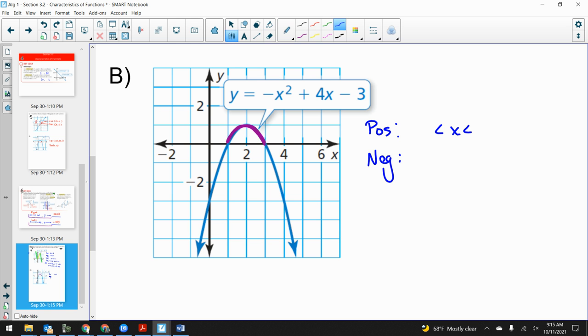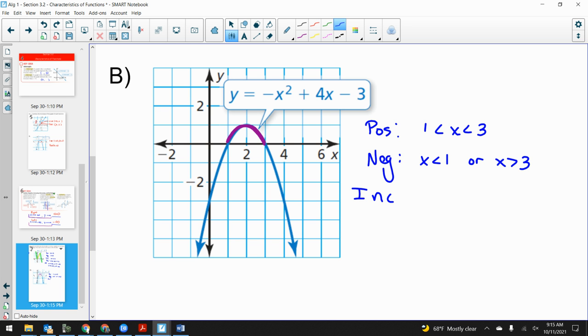From 1 to 3. Well, then it must be negative everywhere else. So everywhere below 1 or above 3. Notice that I'm not saying equal to, because at equal to, it would be 0, neither positive nor negative.